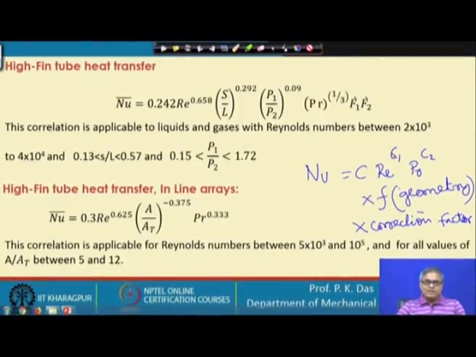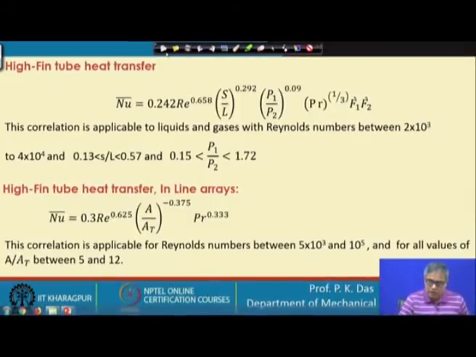In all the cases the definition of Nusselt number is the same.